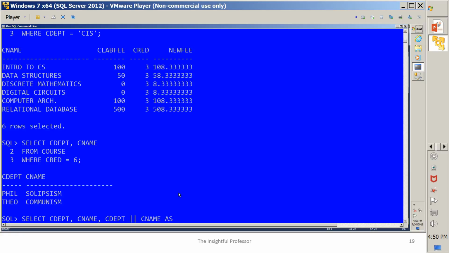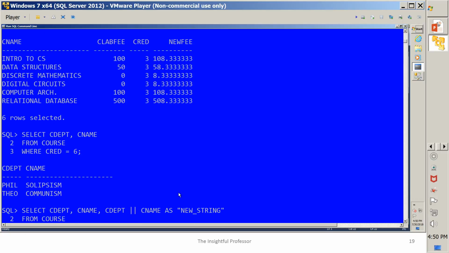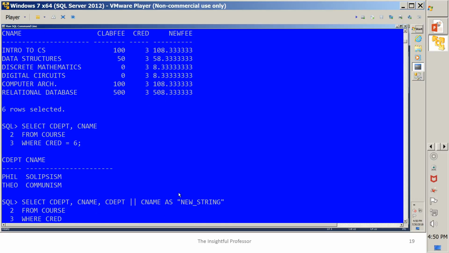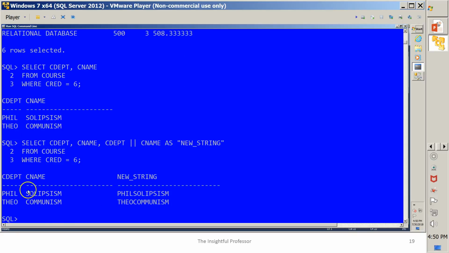Because this whole thing is a derived value, I'm going to give it this real fancy name of new string from course where cred is equal to 6. And notice what you have is Phil solipsism, Theo communism, and they're just now these long strings put together as a single string. That's what concatenation does.